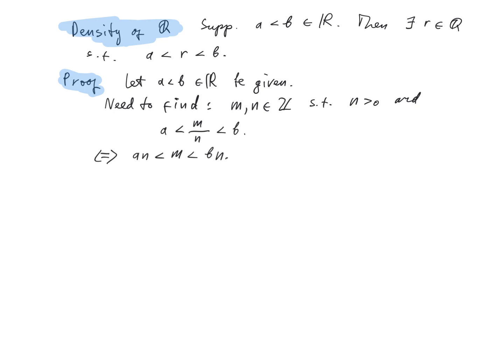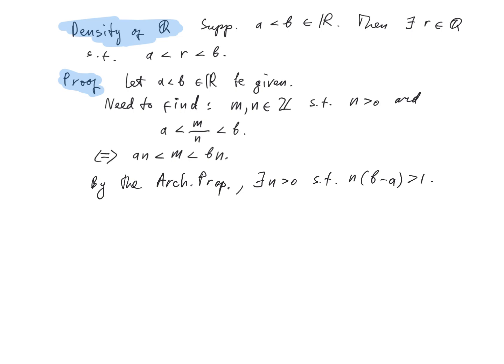We would like to apply the previous corollary. So for this we need to arrange that the interval between an and bn is sufficiently large. By the Archimedean property, we know that there exists a natural number n greater than 0 such that n times b minus a is greater than 1.